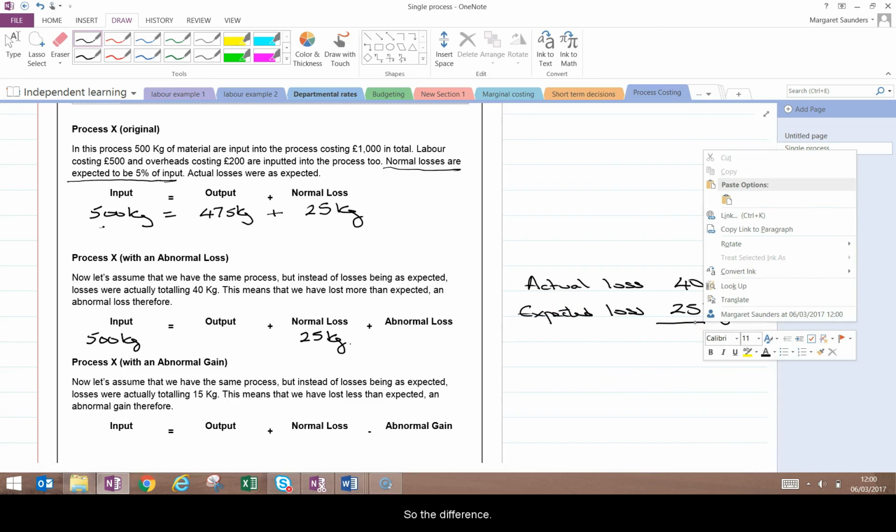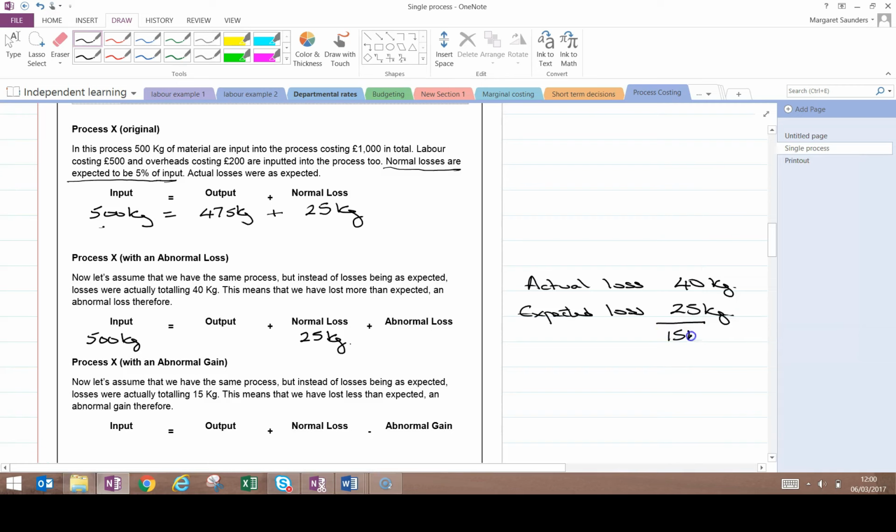So the difference of 15 kilos is your abnormal loss. So that was the unexpected loss. So we put into our physical flow the abnormal loss.